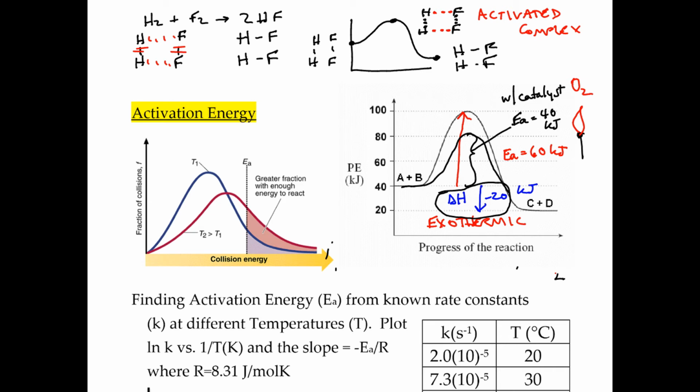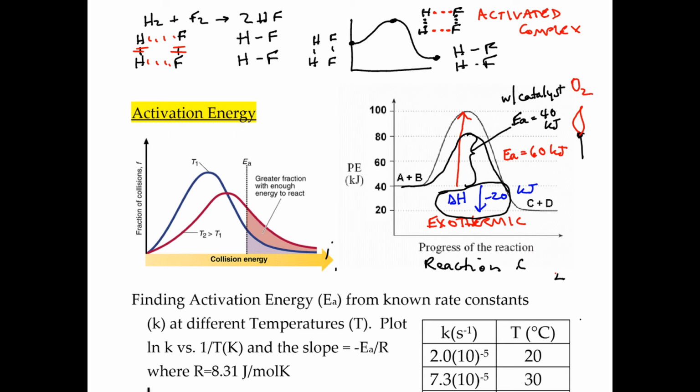Okay, next we're going to talk about this graph over here, and this is a slightly different graph. It's not the same as this graph on the right because you have different scales. On this graph on the right we had the potential energy and the progress of the reaction. Another name for that, by the way, is the reaction coordinate, if you ever see that.